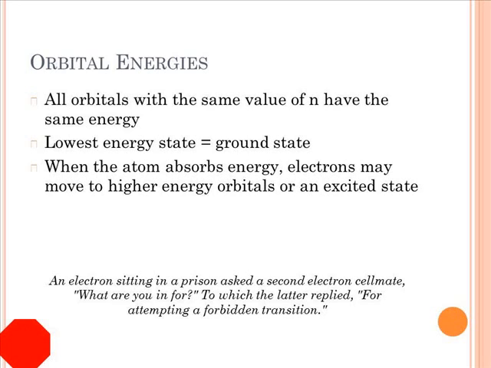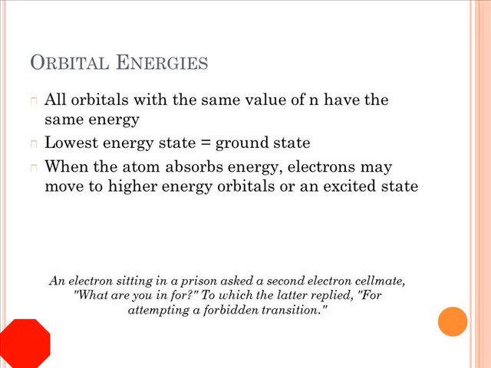When an electron absorbs energy, it jumps to an excited state, which is a higher energy or higher n level. And then when it loses the energy, it goes back to a lower n level, lower energy level, eventually making it all the way back down to the ground state, which is the lowest possible, the closest it can possibly be to the nucleus.